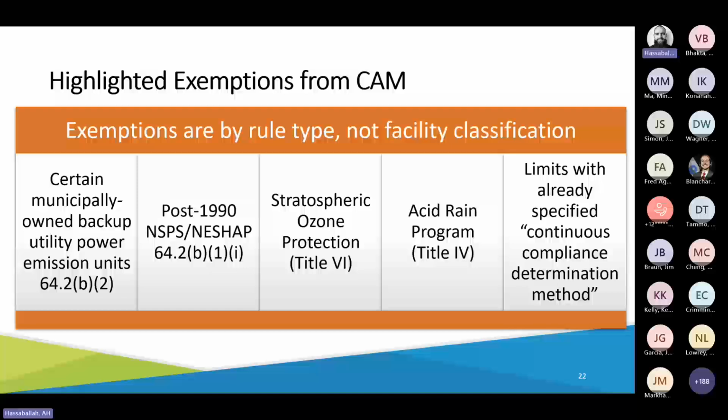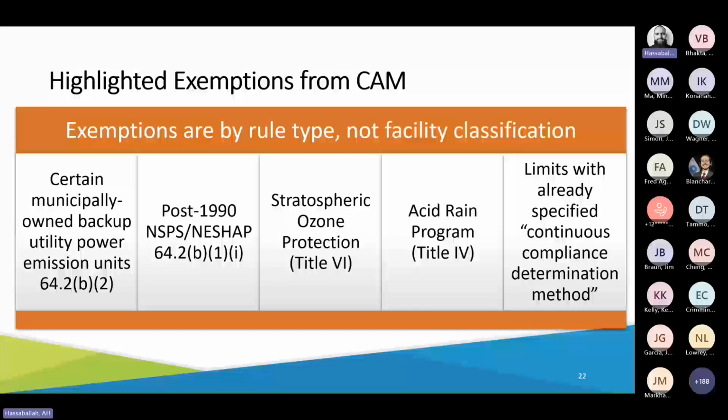And that's basically a reference to the disclaimer we shared at the top of the slide deck, that federal regulations may differ from local, state, or tribal regulations.